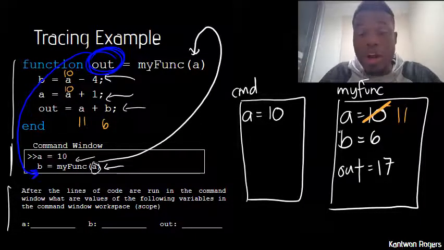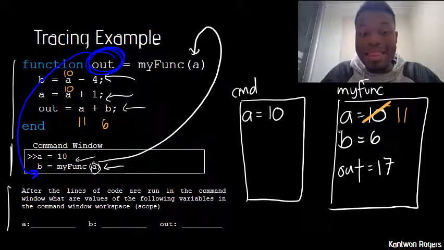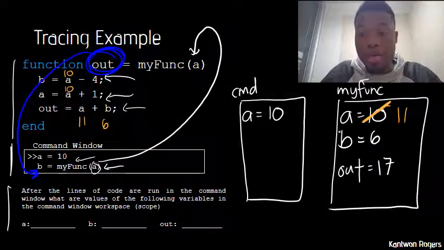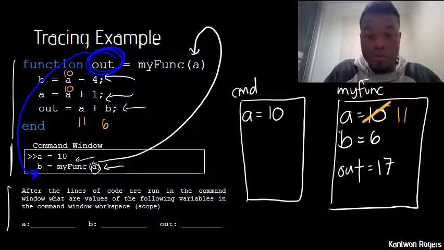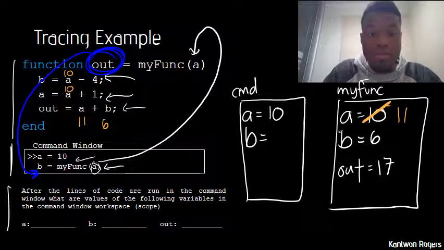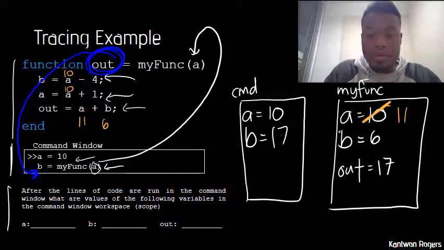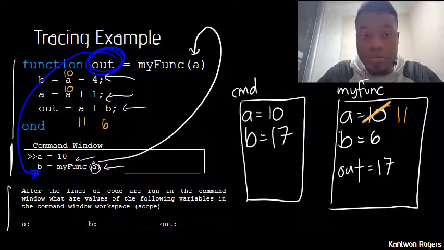So the line in our command window is what called it. And we're going to assign that value of out back to the variable b inside of my command window. So inside of my command window, b is equal to the value that out is. So we're passing values there, which is 17.